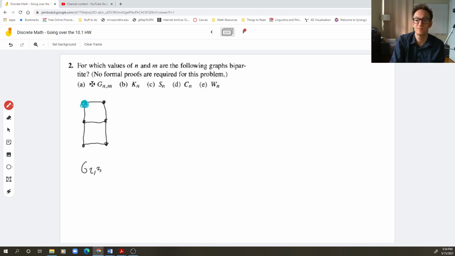So you make the first one blue, and then you make all the vertices adjacent to that blue vertex red, and then you make all the vertices adjacent to the red ones blue, and so on. There's nothing special about the specific number of vertices in the grid graph. You're always going to have that same situation where you can let this be red and blue. So therefore, I'm tempted to say, every grid graph is bipartite.